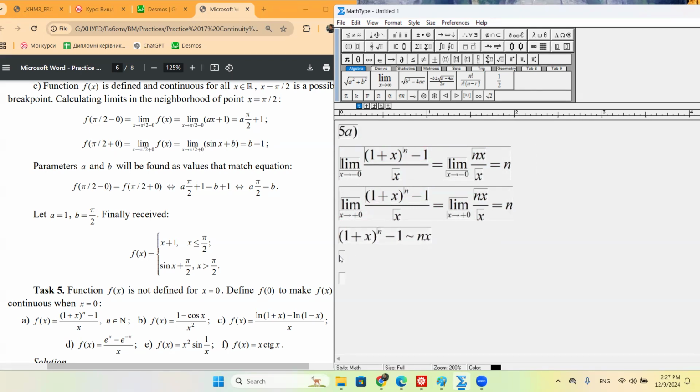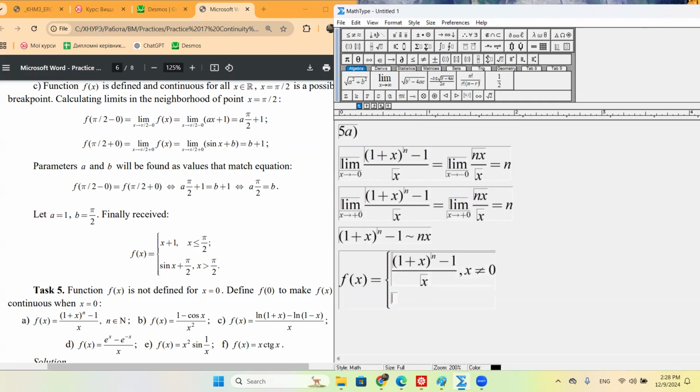So in this case, by the way, as the result, we need to define the function at the 0 point. So performing the following action: if x doesn't equal 0, it is given by this expression.